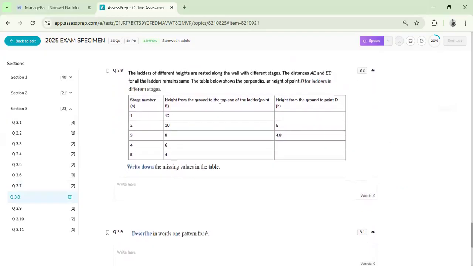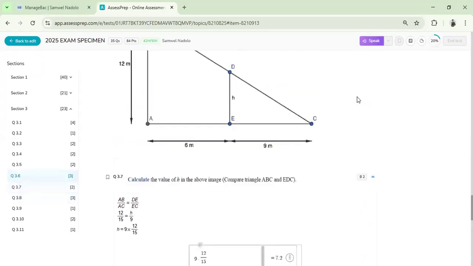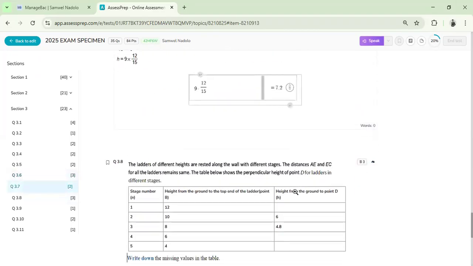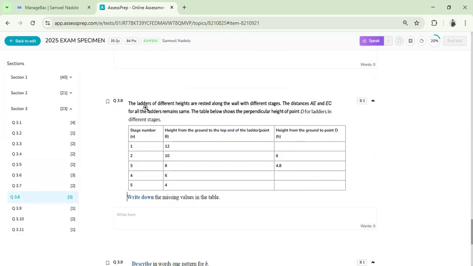The ladders of different heights are rested along the wall with different stages. The distances AE and EC for all the ladders remain the same. Where is AE? So AE and EC remain the same, okay? And then the table below shows the perpendicular height of point D for ladders in different stages. Stage number n: 1, 2, 3, 4, 5.